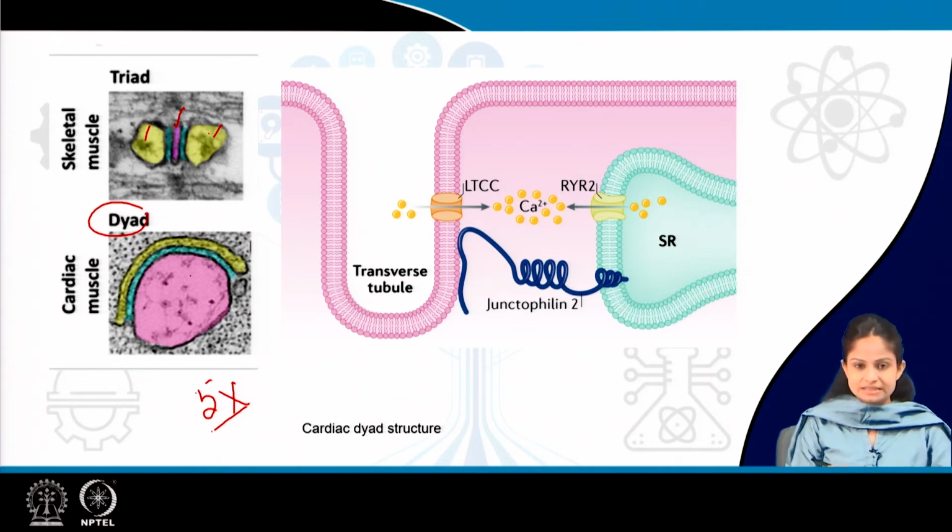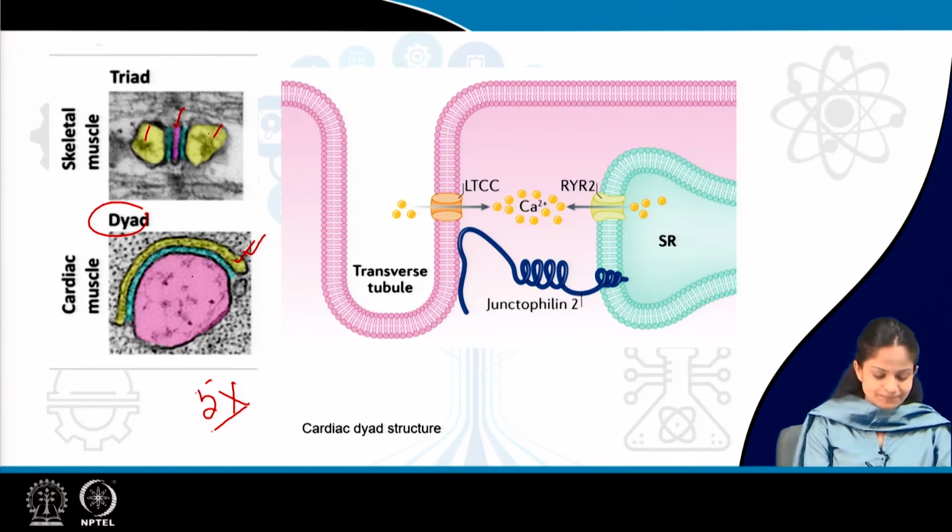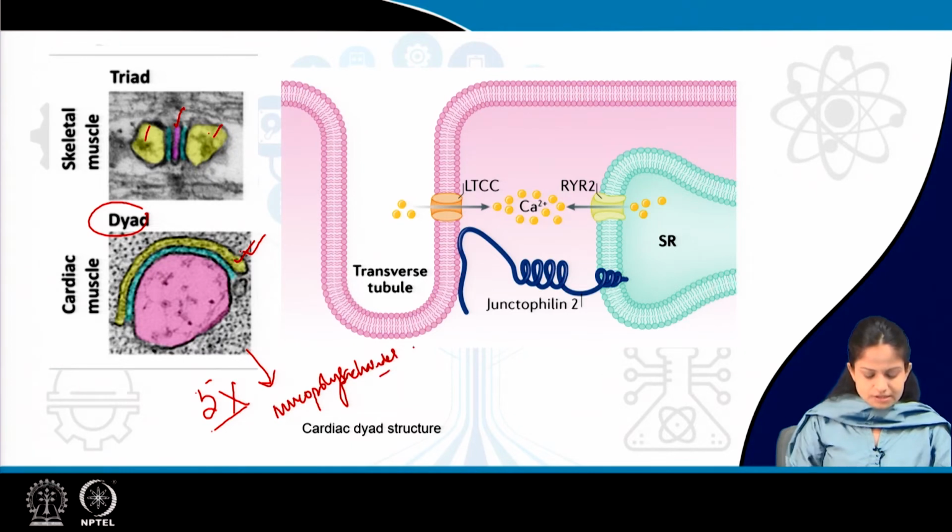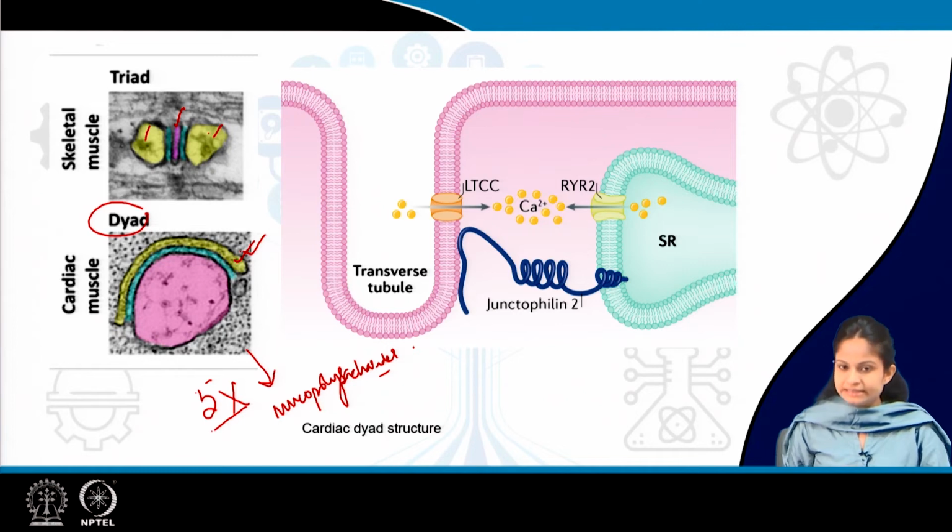And the cisternae of the sarcoplasmic reticulum are not as well developed as in the skeletal muscle. Also, cardiac muscle T tubules contain some mucopolysaccharides. Because of these few reasons, they exhibit a dyad in the cardiac muscle and a triad in the skeletal muscles.